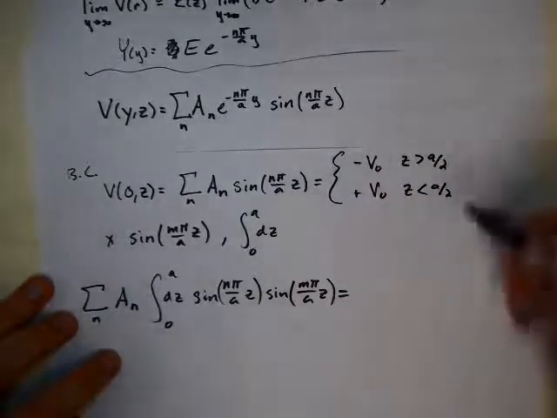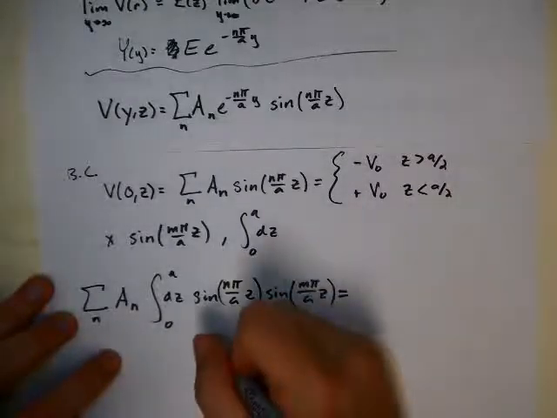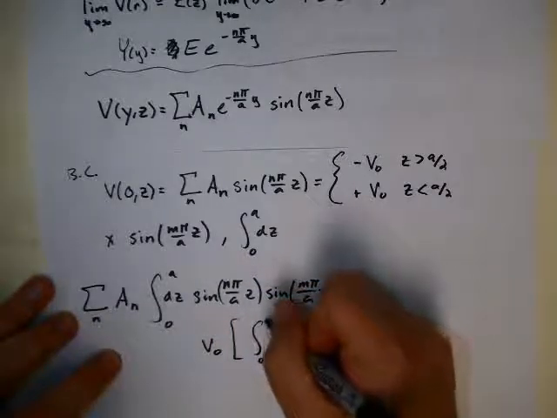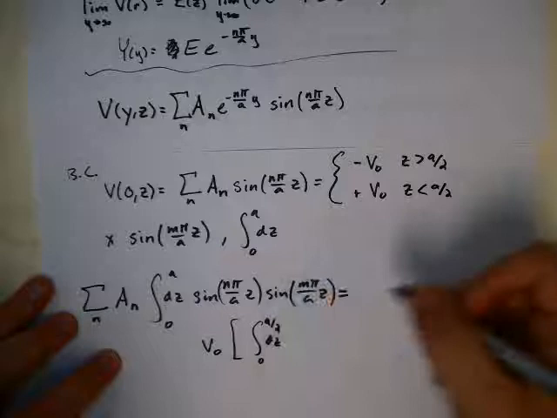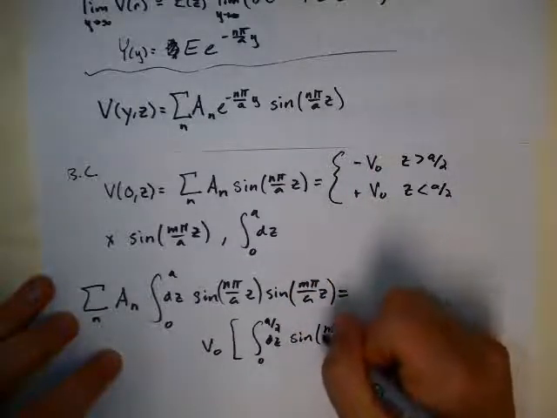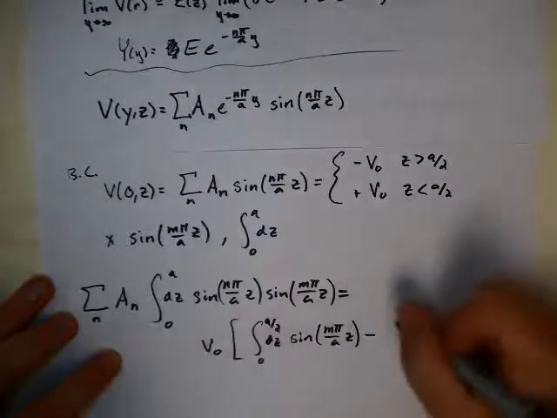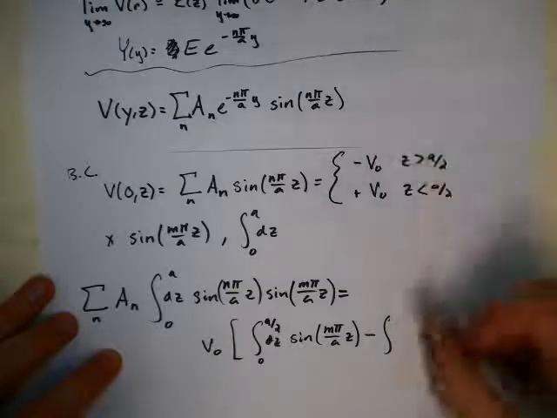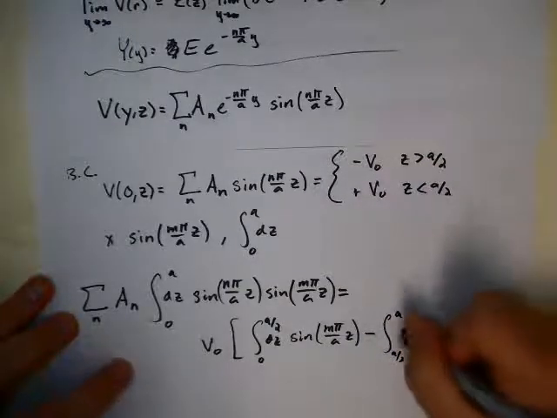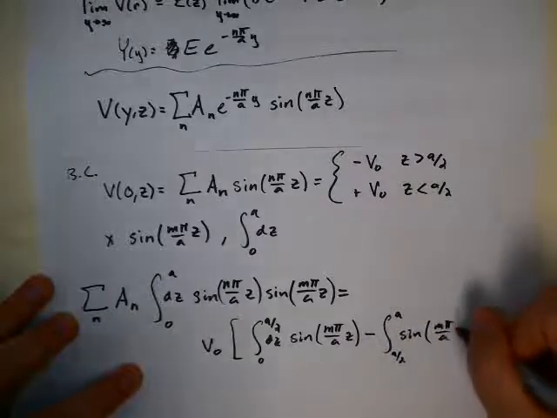On the right-hand side, I'm going to break my integral into two pieces. I'm going to get V naught, and then integrate from 0 to a over 2 dz, and I still have to multiply by sine of m pi over a z. Then minus, because I factored out the V naught but I haven't factored out the minus from there, from a over 2 to a, sine of m pi over a z.